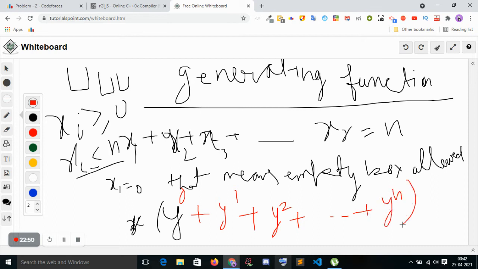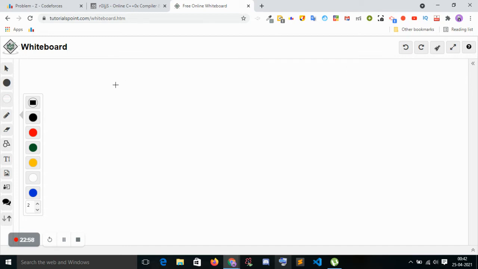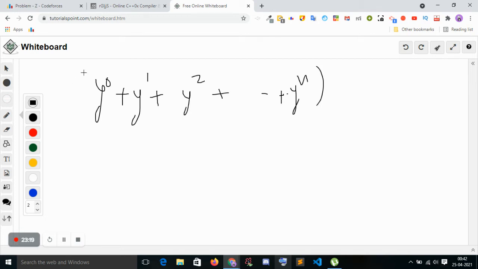Consider one box: the first box can be empty, or it can be filled by one ball. This represents the balls, up to y to the power n.